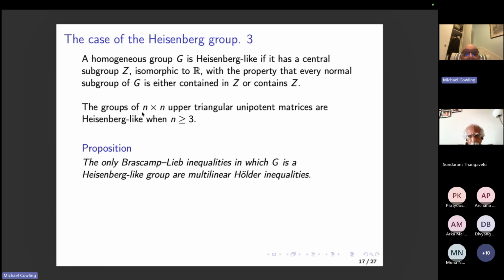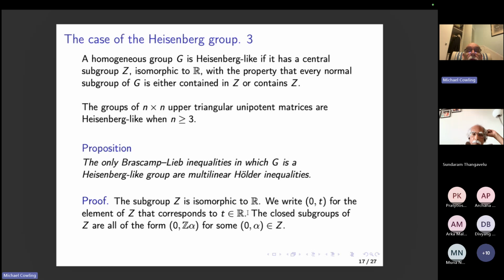There are other standard groups. If I take the group of upper triangular matrices with ones on the diagonal, then these are also Heisenberg-like groups. So that there are quite a lot of groups like this. And the only Brascamp-Lieb inequality where G is a Heisenberg group is a multilinear Hölder inequality. So how do we go about proving this?